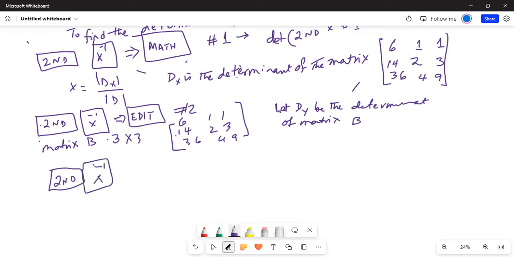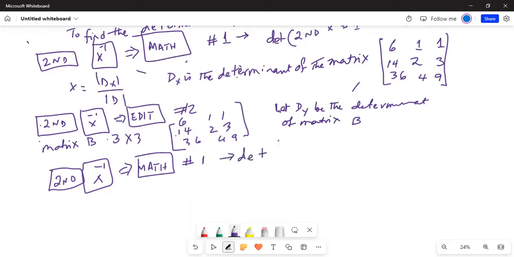Now we will go to math instead of edit, and then number 1, okay, which will put that in the calculator screen, leads to determinant.